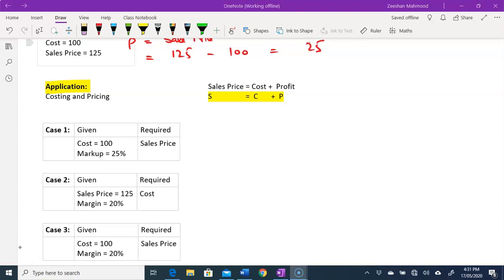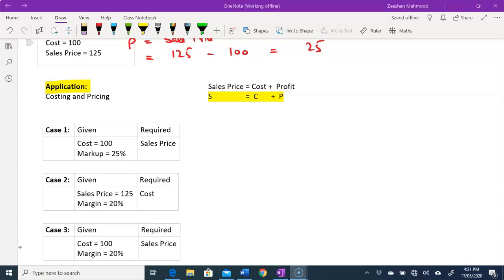So now let's talk about the application of the concept of markup and margin. These concepts are widely used in cost and management accounting while doing costing and pricing. There are various ways we can apply these concepts, but I will be using the equation S equals C plus P, where S is the sales price, C is the cost, and P is the profit.